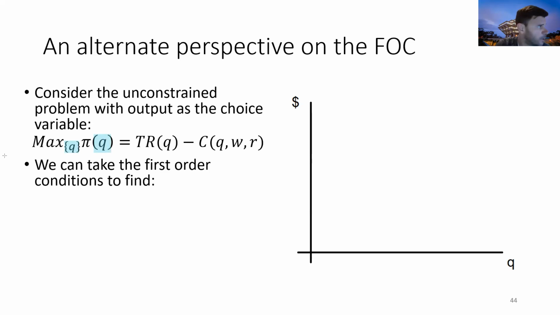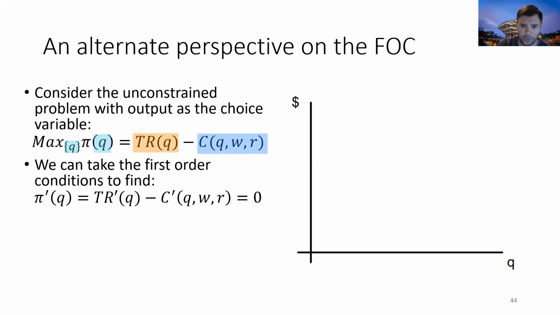Our objective function was the difference between total revenue in the orange and total cost in the blue. So it's not too much of a surprise to interpret the derivatives of those components as the marginal revenue and the marginal cost, right? That's our usual first order condition.